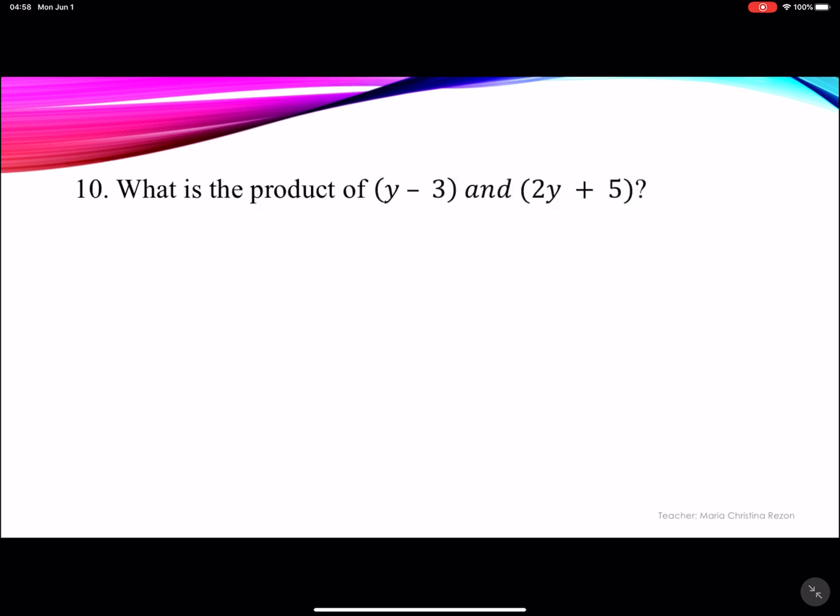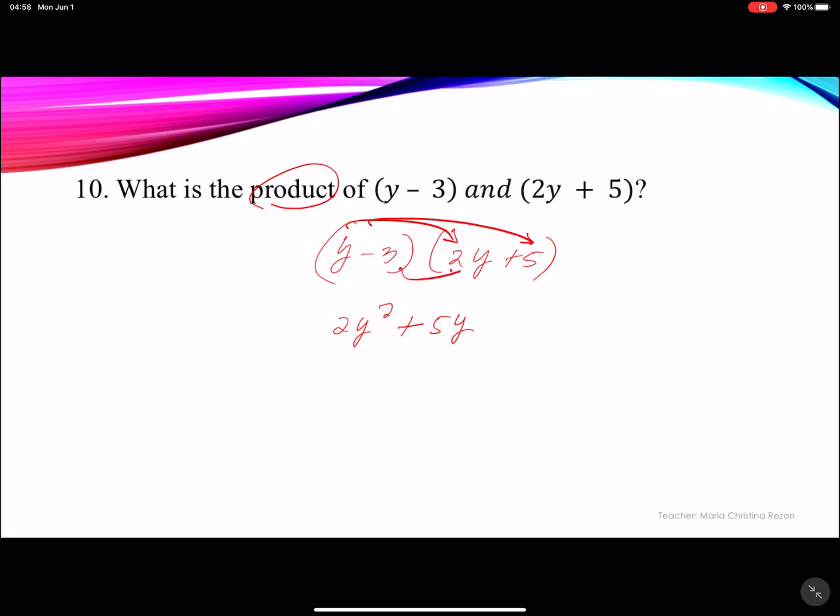Then let's have number 10. What is the product of y minus 3 and 2y plus 5? So product, you are just multiplying. So that is y minus 3 times 2y plus 5. So multiply that there. That gives you 2y squared plus 5y.